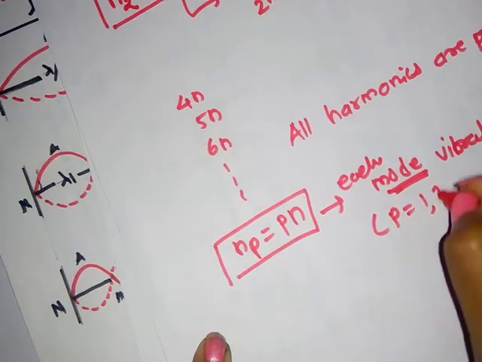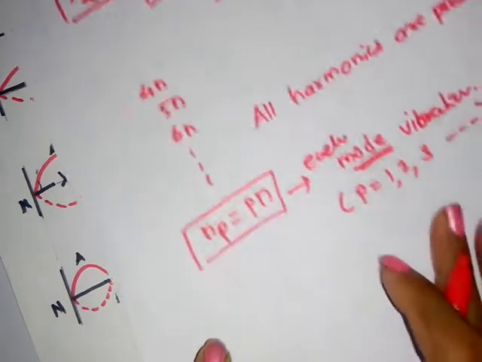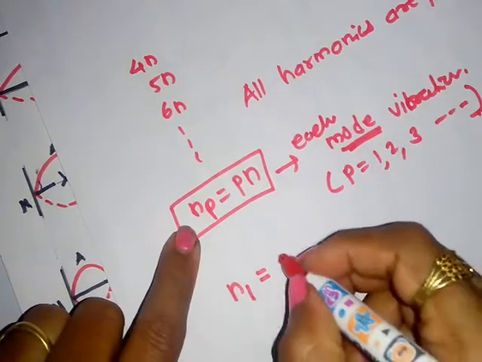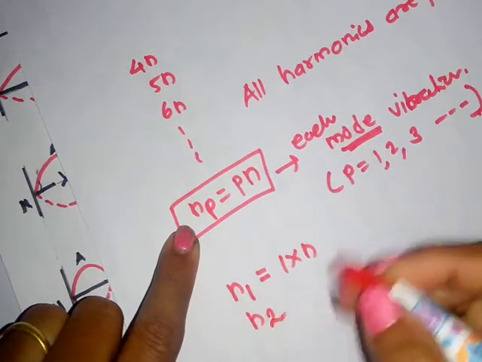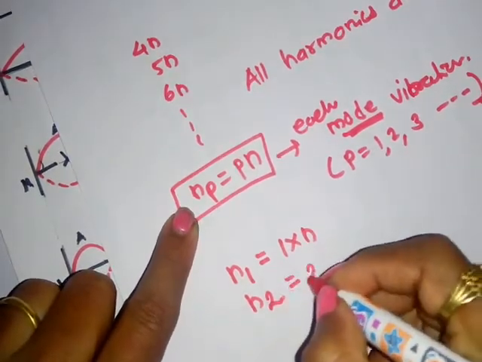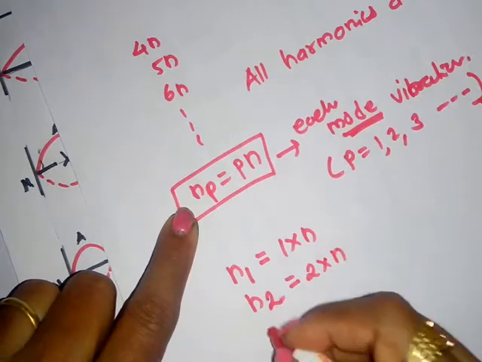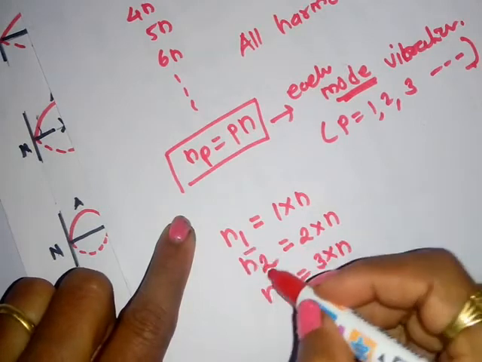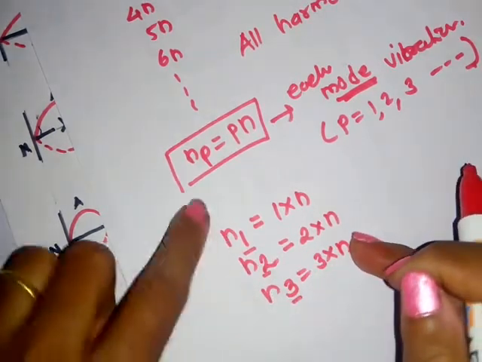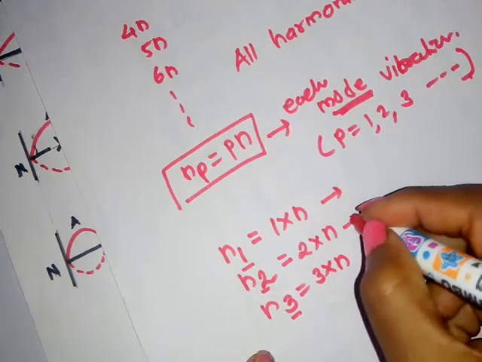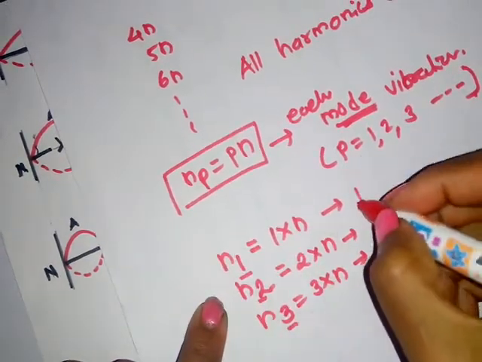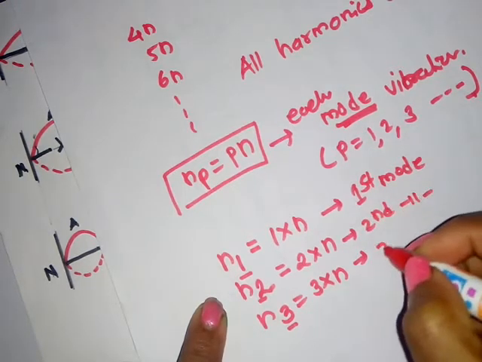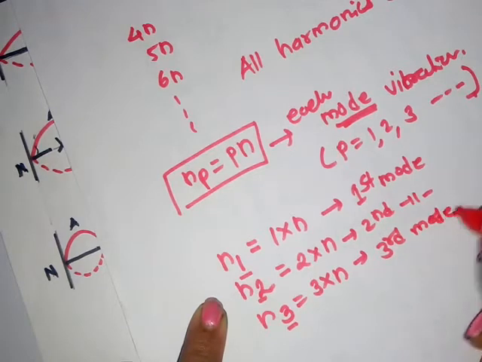Suppose P is equal to 1, 2, 3, meaning P running in this way. Then substituting P as 1, N1 is equal to 1 into N. As P is equal to 2, N2 is equal to 2 times N. As P is equal to 3, it is 3 times N. In this case 1, 2 and 3 represent the mode of vibration. This is the frequency for the first mode, this one for the second mode and this one for the third mode.